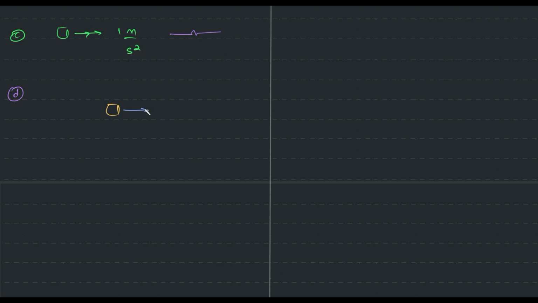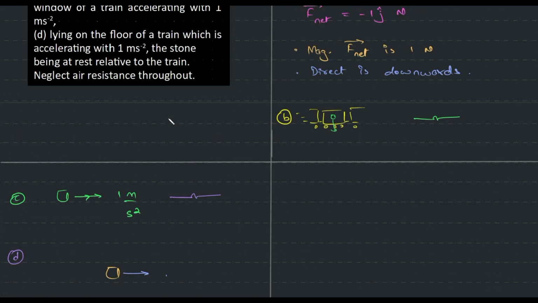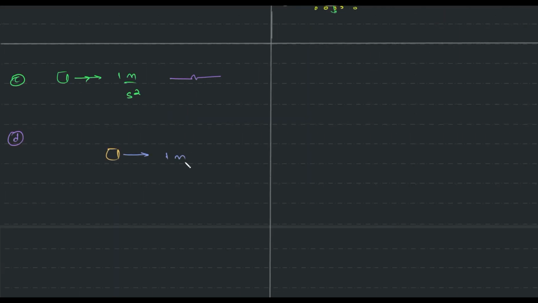Okay, so the train is accelerating and the stone is on the train, accelerating with it. So for it to accelerate, there needs to be a force acting on it. Along with this, there is gravitational pull as well.